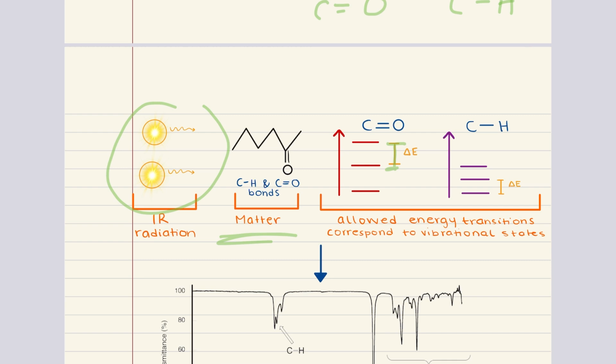But if the frequency of the radiation doesn't match any of the allowed vibrational transitions, then the light passes through without being absorbed. So by recording which frequencies are absorbed and how strongly, we can identify the types of bonds that are present in that molecule or compound.